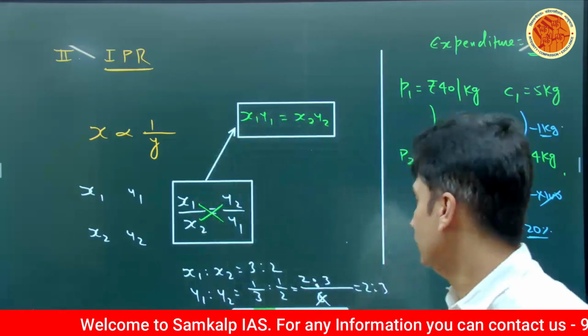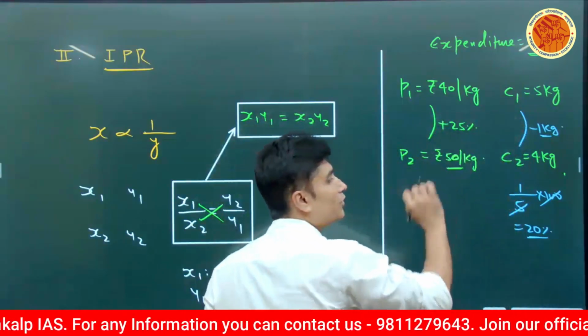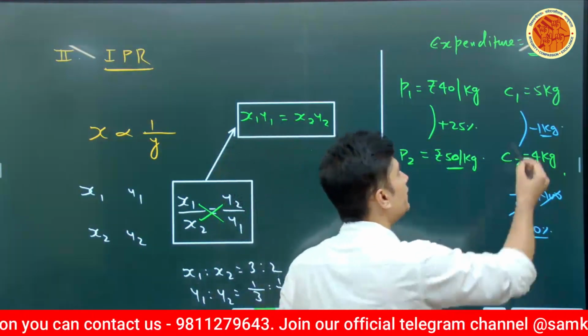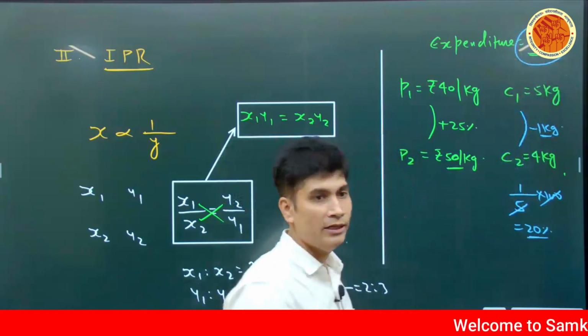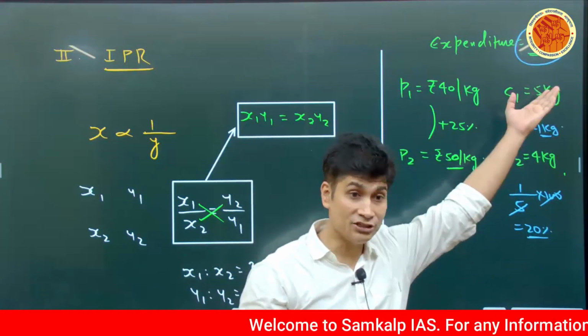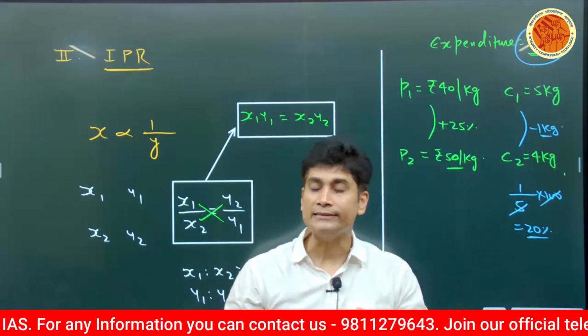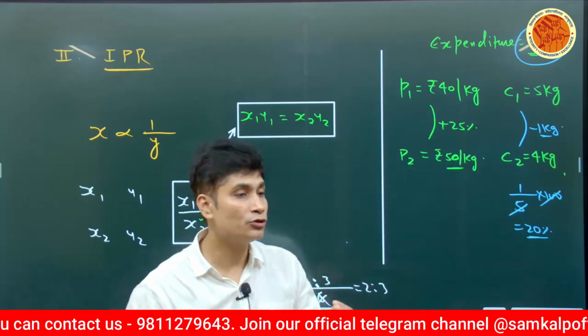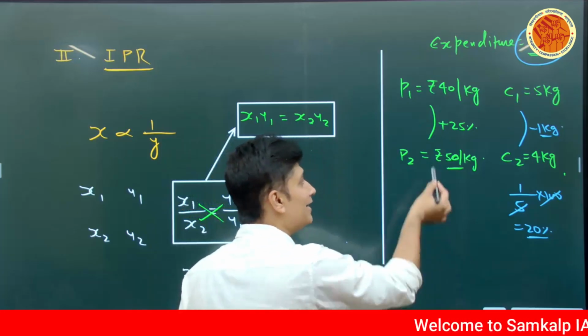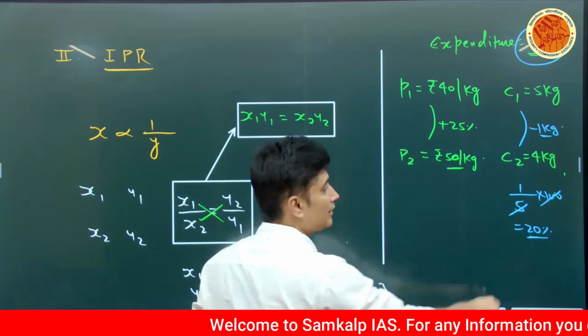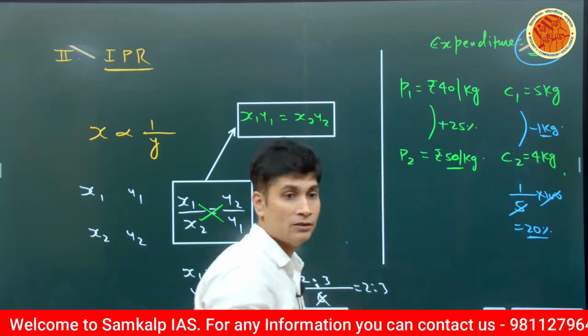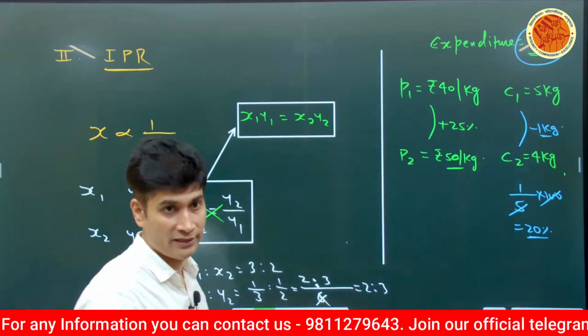Fine. So 20%. So here we can say that if your expenditure is constant, and price and consumption are both interlinked with expenditure, then price is inversely proportional to consumption. So if the price is increased by 25%, then consumption is reduced by 20%.